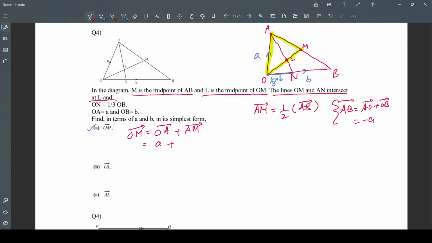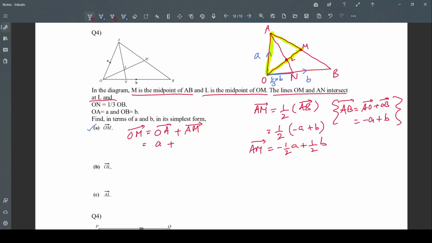Minus a, because we are going opposite to a. And what is OB? OB is plus b. So this is AB. What is the AM vector now? AM will be half of AB. AB is minus a plus b. If we expand this bracket, it gives minus 1/2 a plus 1/2 b. So the AM vector is minus 1/2 a plus 1/2 b.